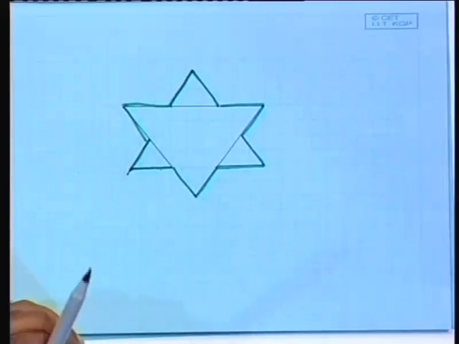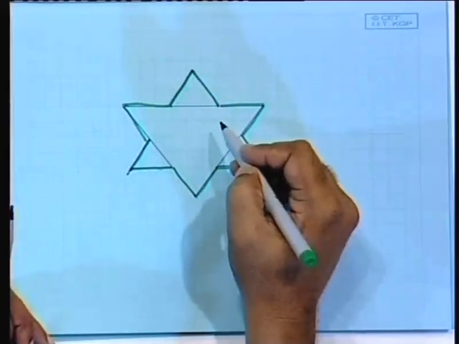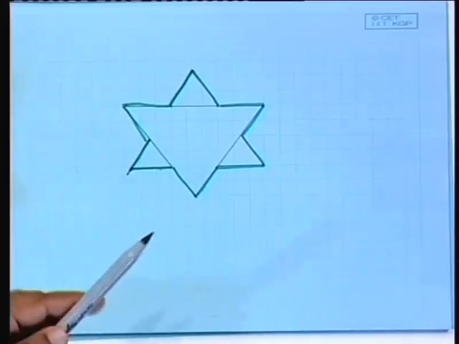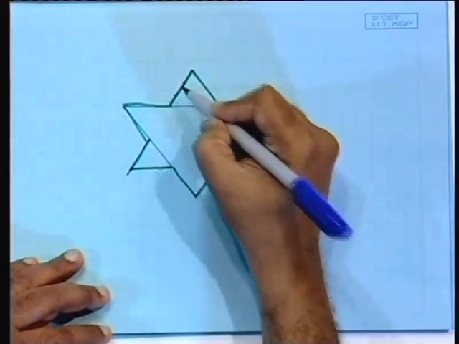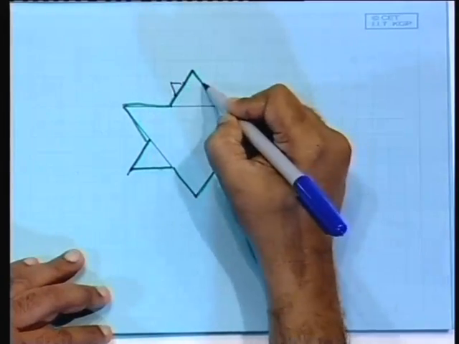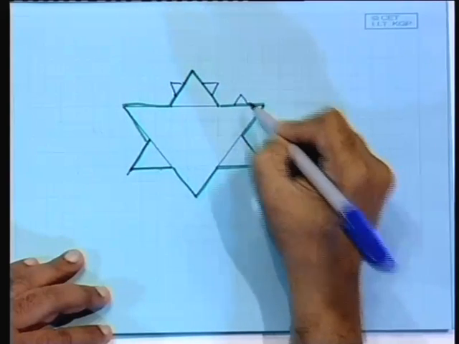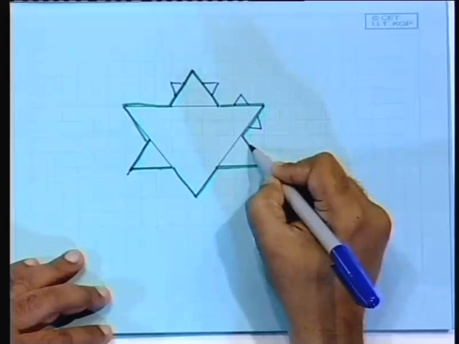Now, in the next step, whatever sides are remaining, you again subdivide into 3 parts and add a triangle to it. So, you will have this one divided, add a triangle to it, this one divided, add a triangle to it, this one divided, add a triangle to it, and so on and so forth.